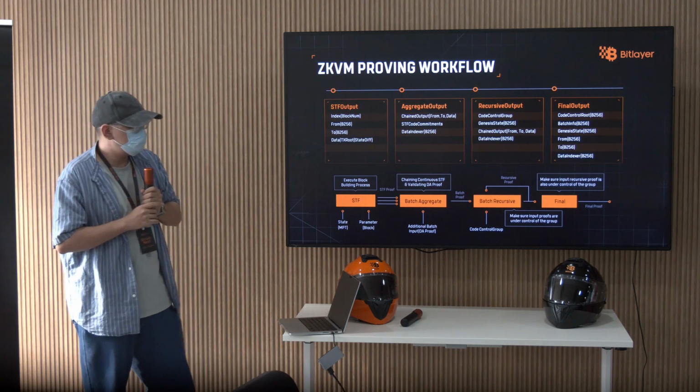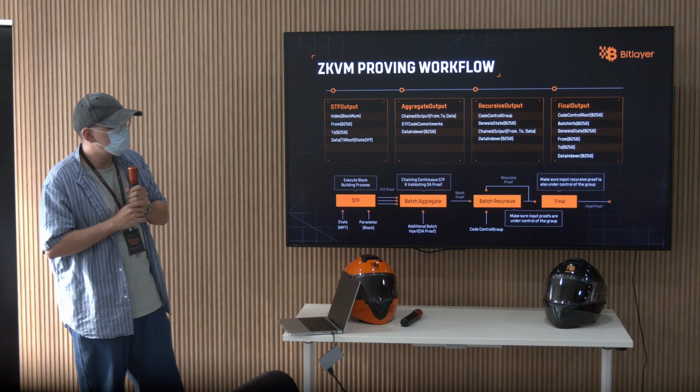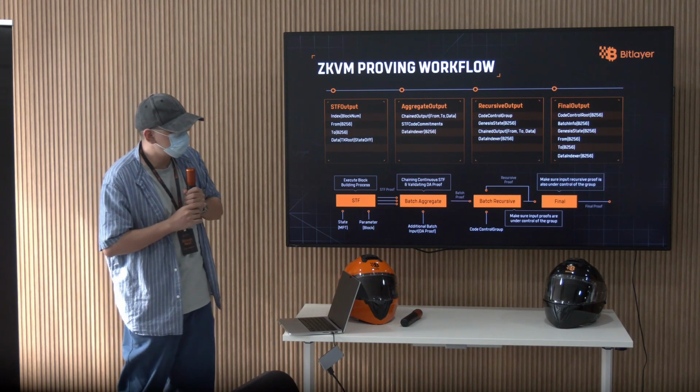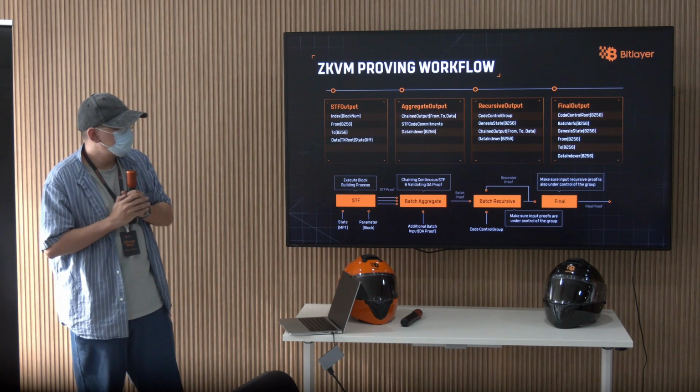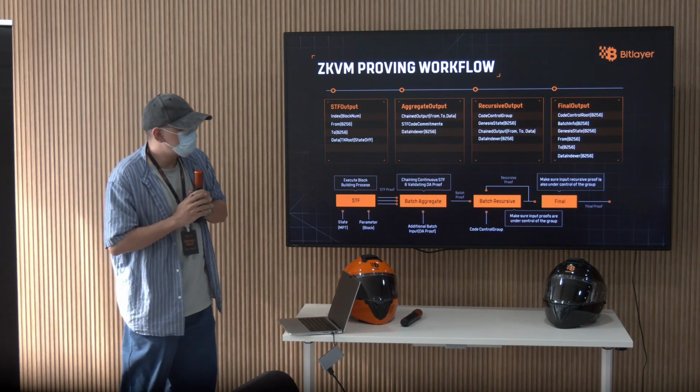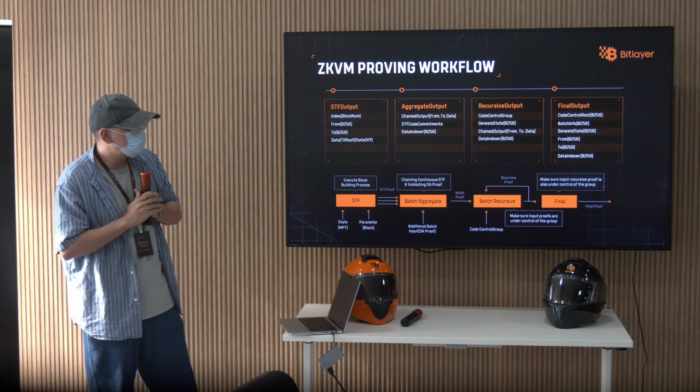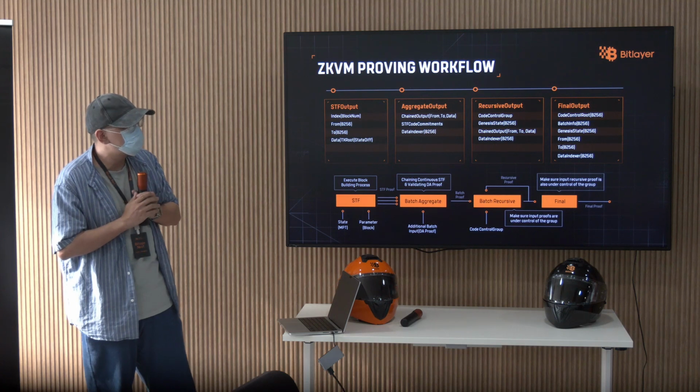This stage is called recursive since it will also receive another proof that was produced from the previous iteration. Then the batch proof also takes another input called code control group.